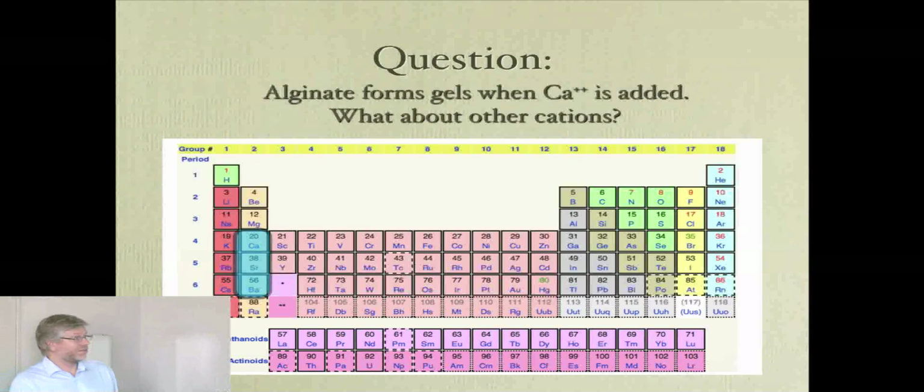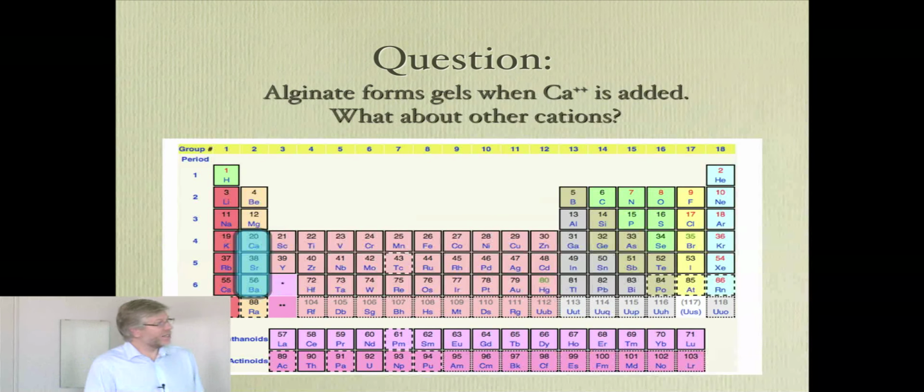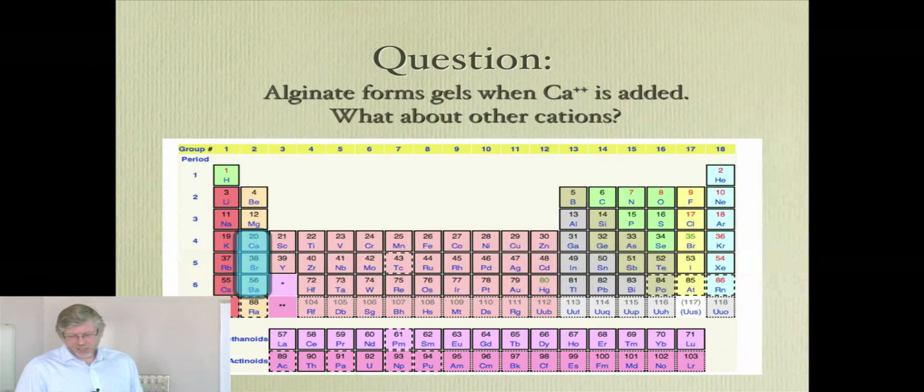Also mercury and so on. Lead, definitely, as long as it is a salt. So many other cations bind alginate. But you wouldn't use a mercury alginate for biomedical purposes, would you? So better stick to calcium.